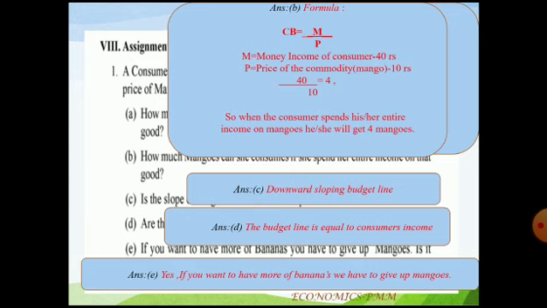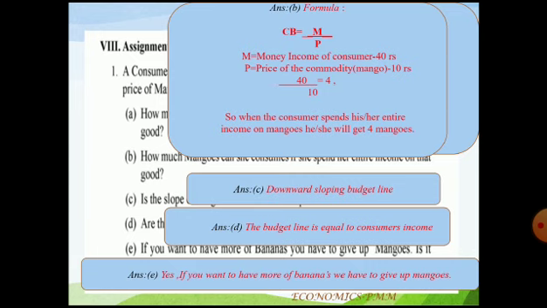If the consumer wants to have more of one commodity, he has to sacrifice or give up the other commodity. Why? Because the money income is limited. His budget is limited. He cannot spend more on both commodities. If he is increasing on one commodity, he has to reduce or sacrifice or give up the other commodity.